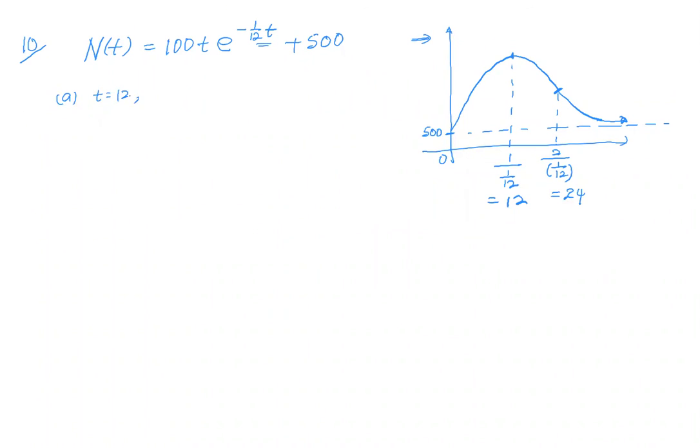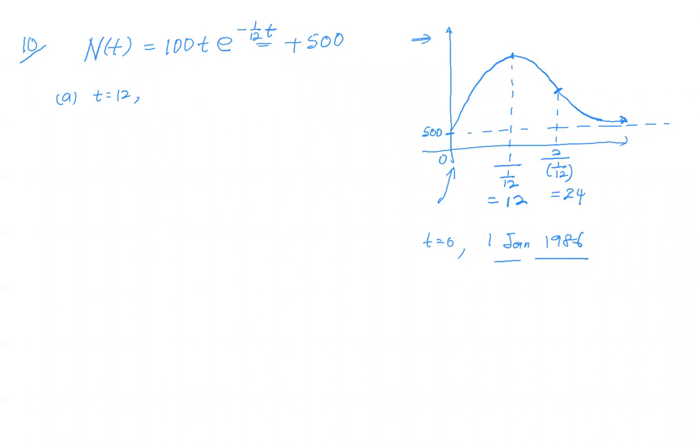Do you read the question? He says t equal to 0 is in the year 1st January 1986. So if this type of question, they will give you the date.